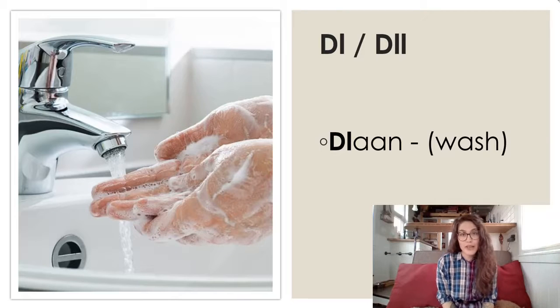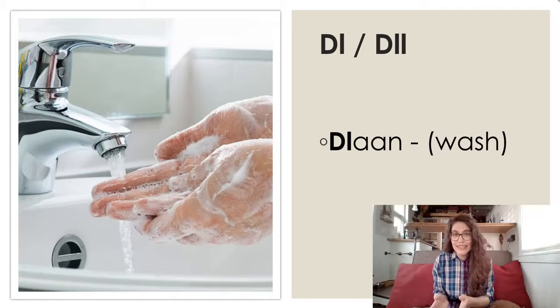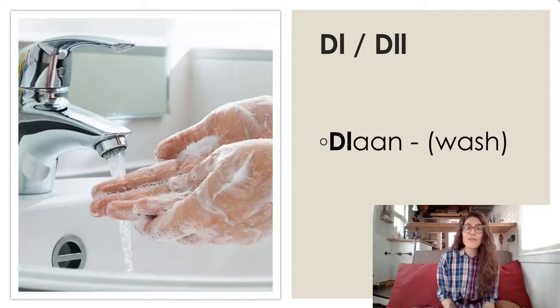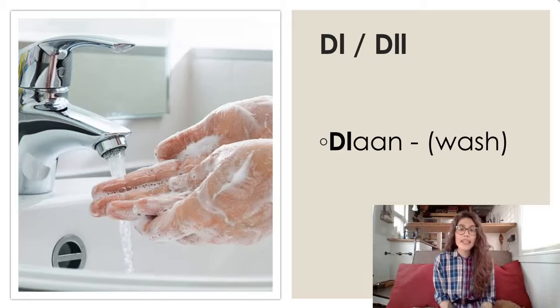Our very first sound that we're going to go over is D. Can you say D? So you'll notice that there are two ways to spell D at the top. The one that has two L's simply indicates that it's longer. So we've got D and D. Very easy. This sound is made by putting your tongue to the roof of your mouth, behind your front teeth, and making a D sound out the sides.